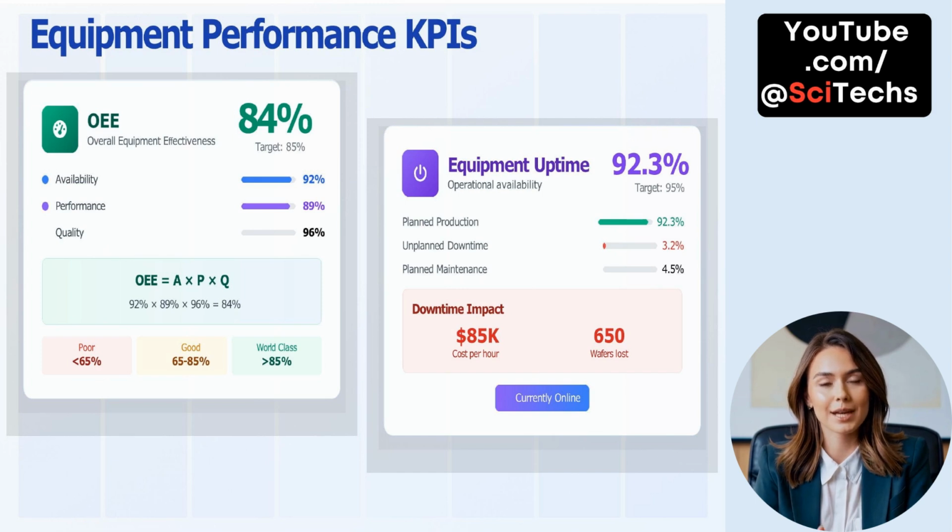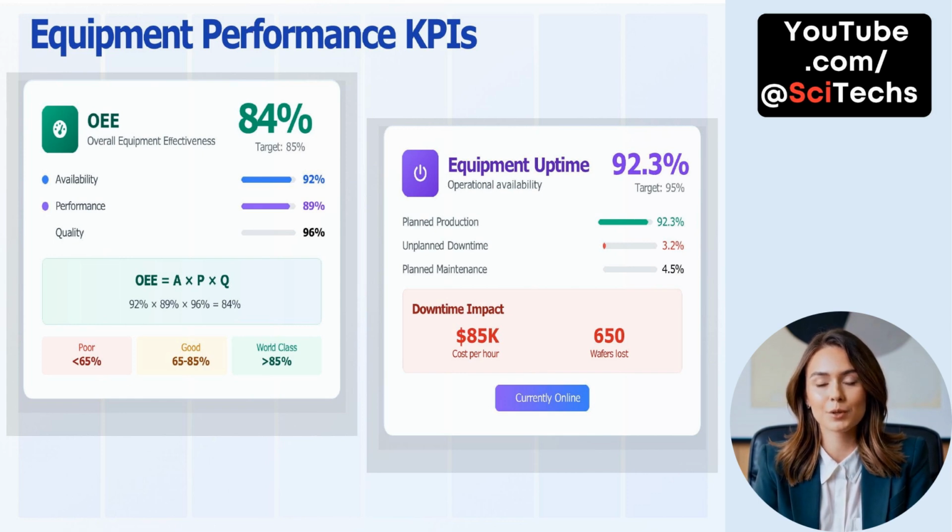Equipment performance KPIs. Overall equipment effectiveness, or OEE, is a comprehensive metric that combines availability, performance, and quality. It is calculated using the formula OEE = A × P × Q. Here, availability is 92%, performance is 89%, and quality is 96%.